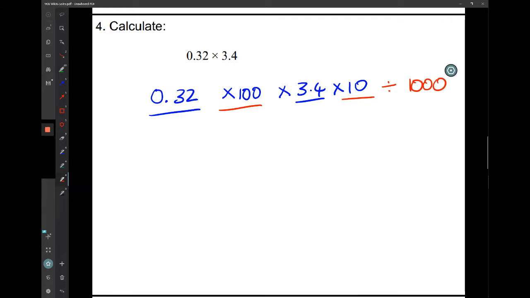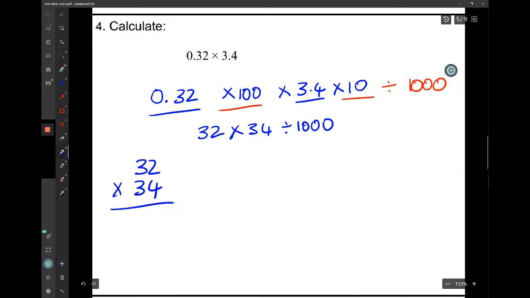Then I am going to simplify it. So I multiply by 100 to make it a whole number, and I multiply that by 10 to make it a whole number as well, divided by 1,000, and then you can do the multiplication. 32 times 34, so 2 times 4 is 8, 4 times 3 is 12, add a 0, 3 times 2 is 6, 3 times 3 is 9, so then you get 1088.